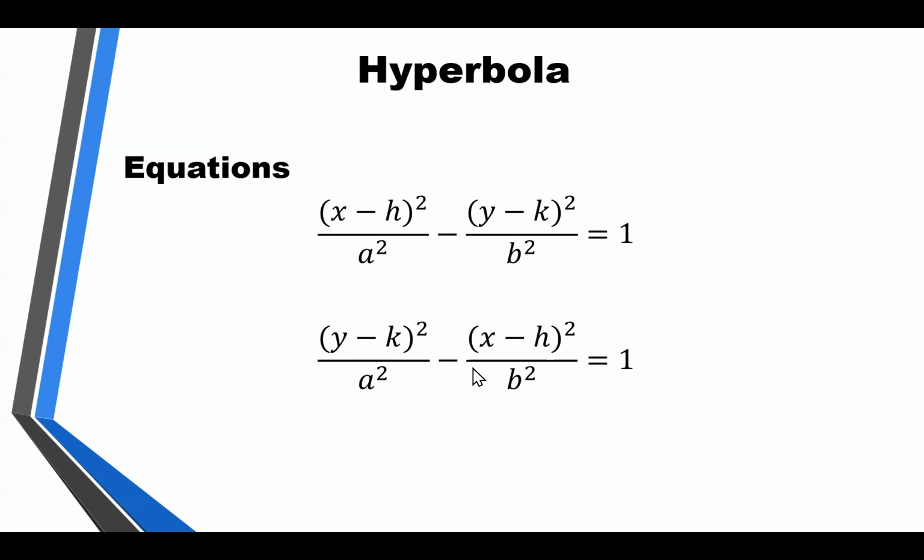And the reason for the important difference is the way the hyperbola is going to point. So remember when we looked at how the plane intersects the cone, we saw a hyperbola.